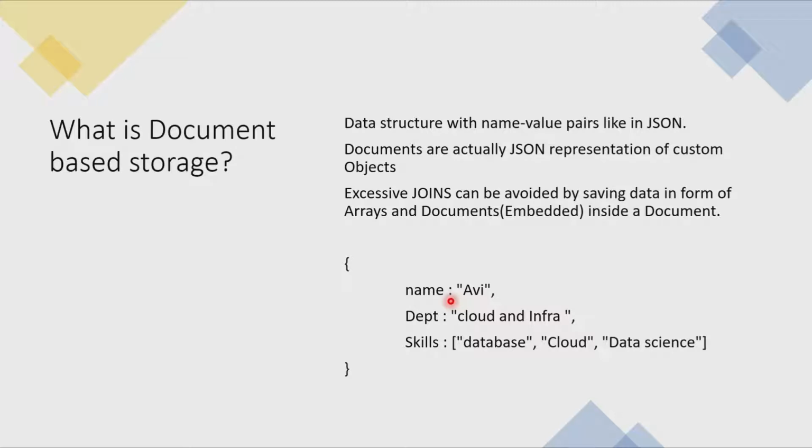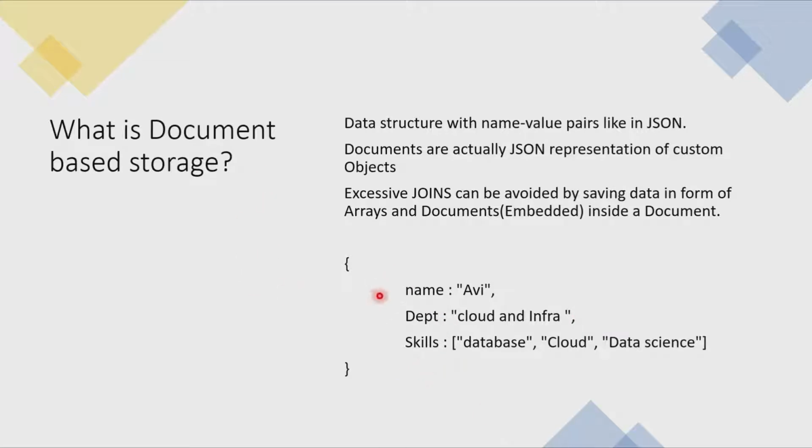Now we heard a lot about what a document-based storage is. So we say the data in case of NoSQL database is stored in the form of a document. This is a kind of JSON structure, wherein we put curly brackets, then we put the field name, then its value, and then if you have multiple fields, then we put another field, then colon, and in double quotes we give its value, and skills like that.